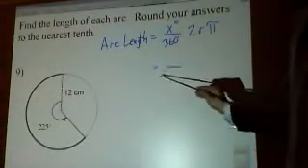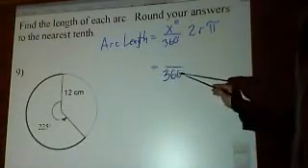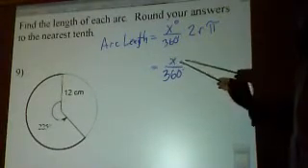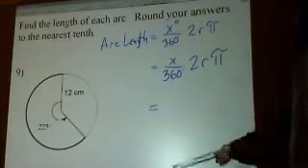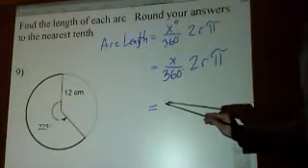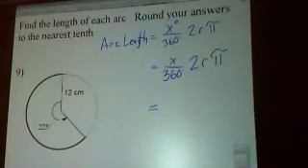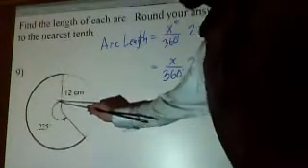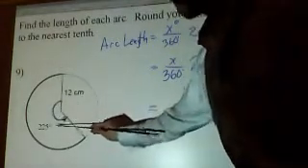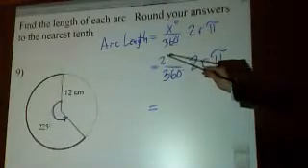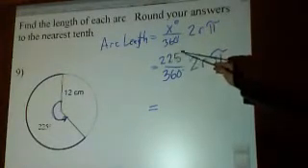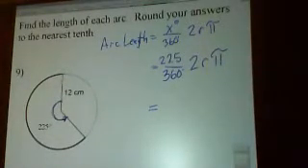First, for x, we're going to put in our central angle. And what is our central angle? It's 225. So instead of writing x this time, we write 225 degrees over 360.